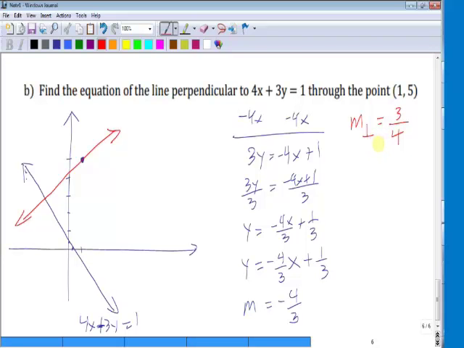So we know the point is 1, 5, and we know the slope is 3/4. That's enough information to write an equation for that line. So y minus 5 equals 3/4 times x minus 1. Y minus 5 equals 3/4 x minus 3/4.